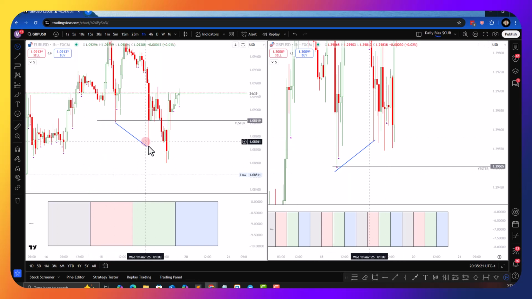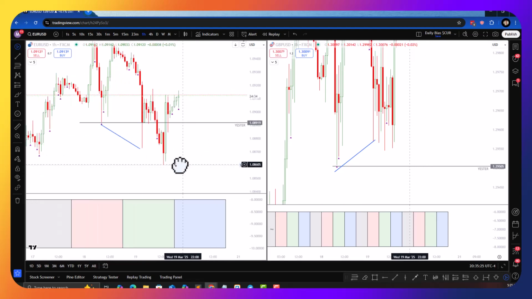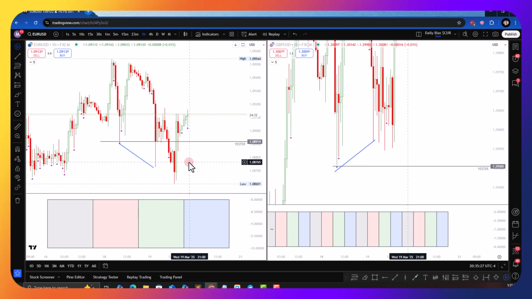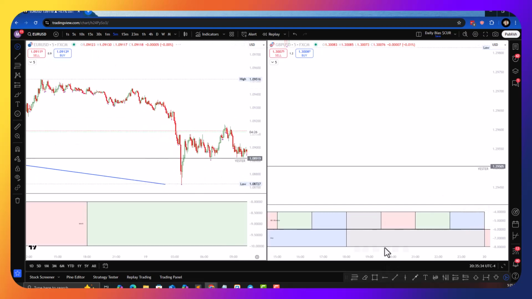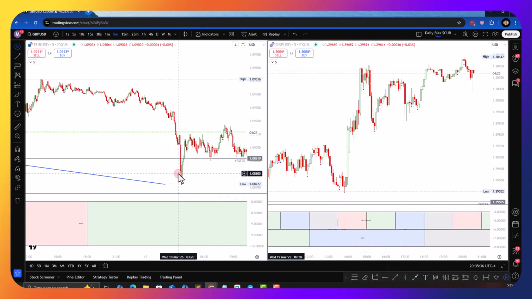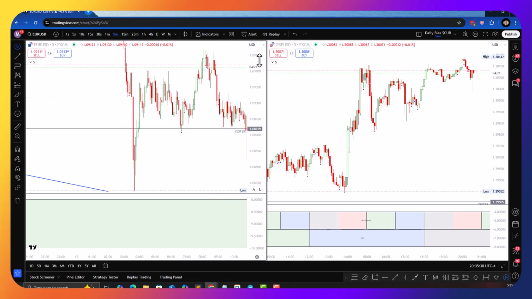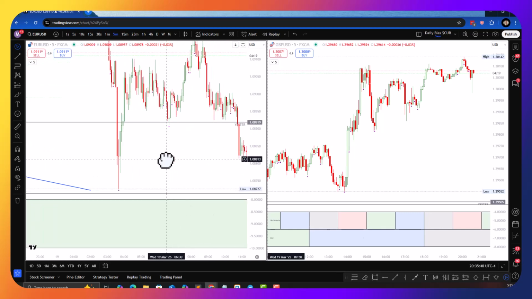Now, at this moment, there was a bullish pullback, and I'm going to show you possible entries after you see that. So if we drop down to the 5-minute, what we're looking for is what's called a balanced fair value gap.